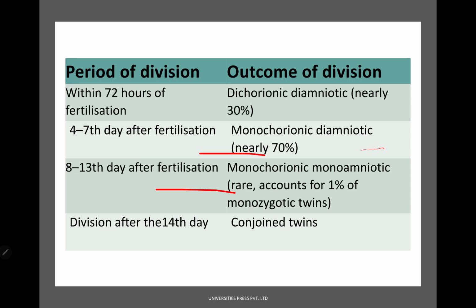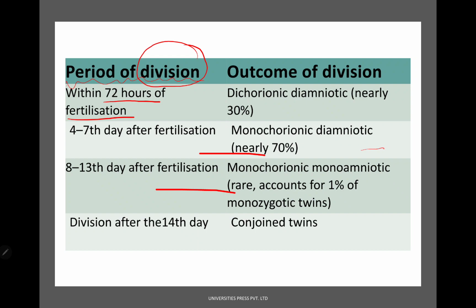Now talking about the period of division and outcome of division. So period of division, that is within 72 hours of fertilization. We are talking about the zygotic division.